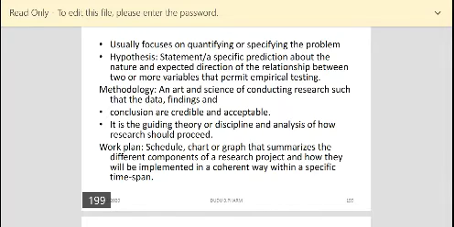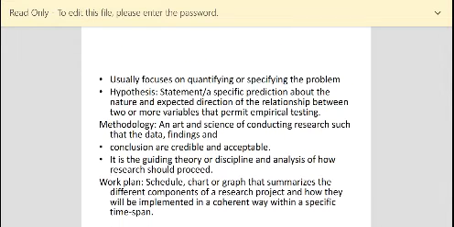Work plan, a schedule chart or graph that summarizes the different components of a research project and how they will be implemented in a coherent way within a specific time span.